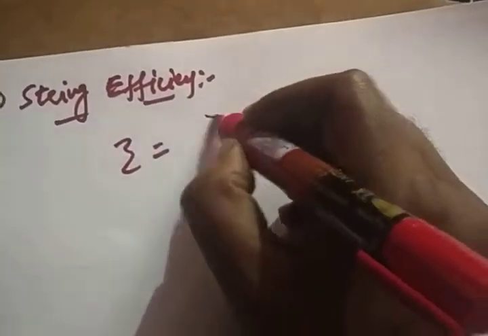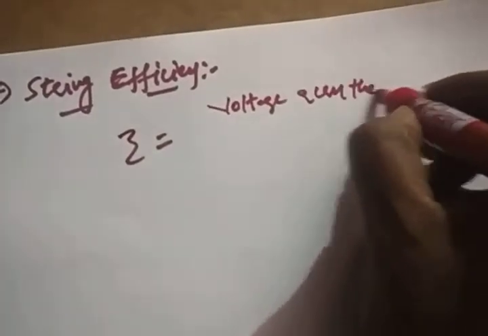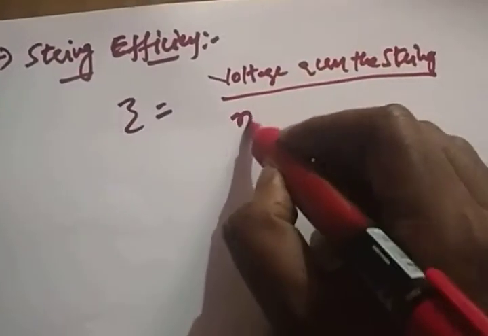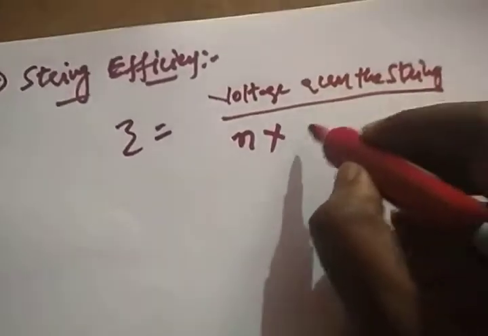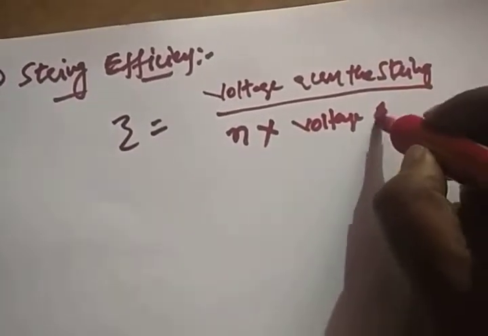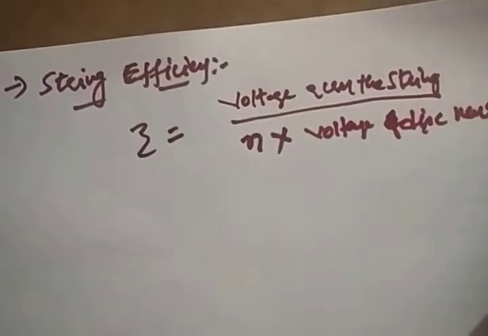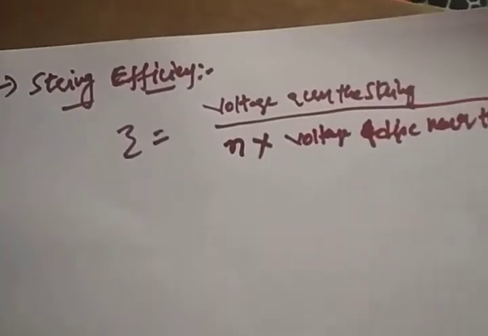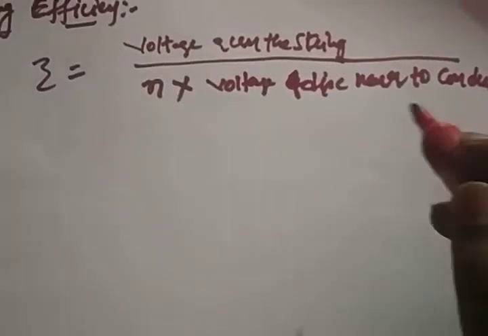It is the total voltage across the string divided by the number of disks in the string multiplied by the voltage of the disk nearer to the conductor. This is the string efficiency that we discussed in the last session.